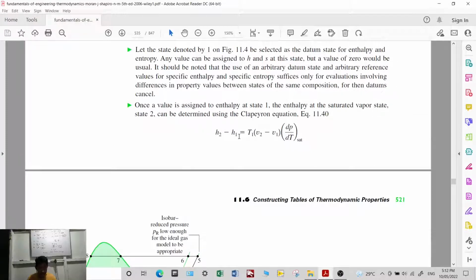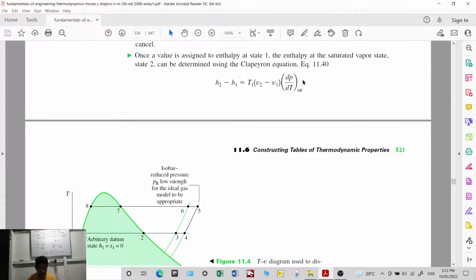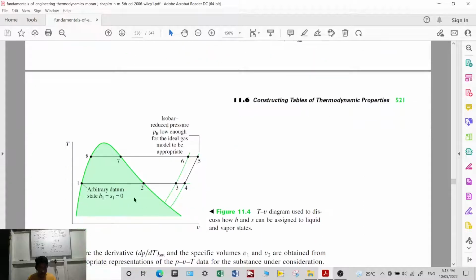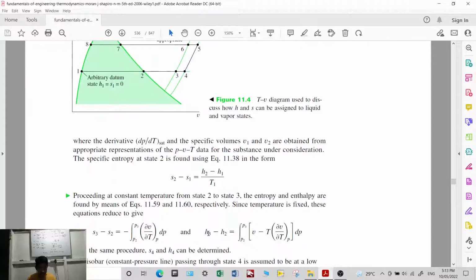Then to determine the change in enthalpy, the Clapeyron equation is used. Next, T dS is used for S2 minus S1 and S3 minus S2.